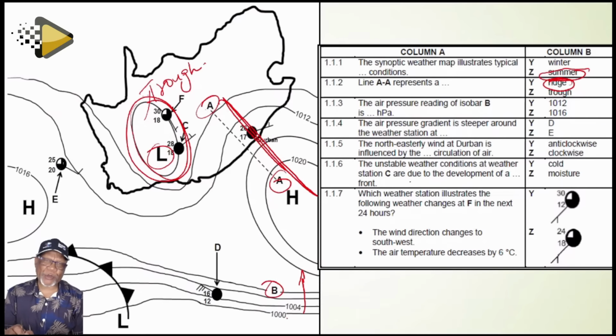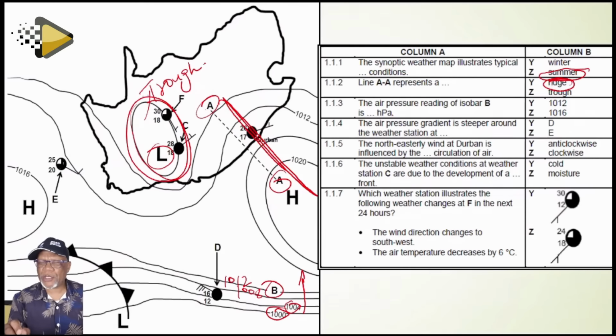What is the difference from one isobar to another? So our isobaric interval here is 4. So here we have 1000, here we have 1004, which means the next one will be 1008, and this one will be 1012, because we are looking at the isobaric interval of 4 millibars or 4 hectopascals.